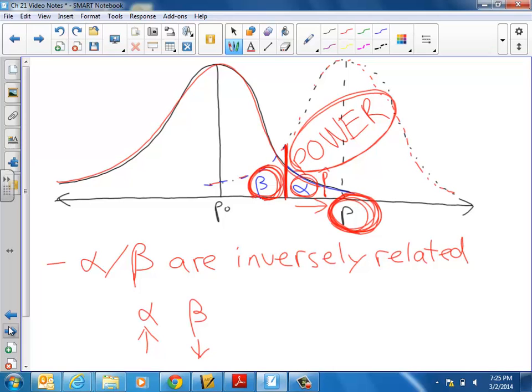You would be less likely to falsely reject the null hypothesis if the null hypothesis is true, and that's alpha, but beta is going up, meaning that if the null hypothesis proportion is not the true population proportion, and something else is, then you are more likely to accept the null hypothesis even if there's another proportion out there that actually is the true population proportion.